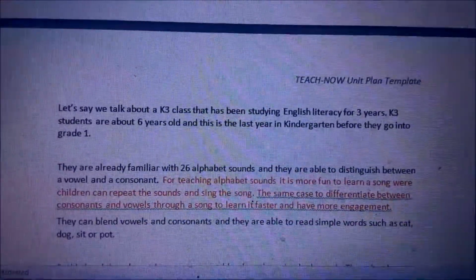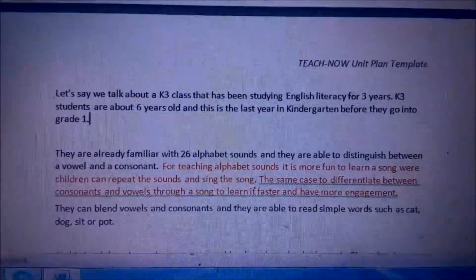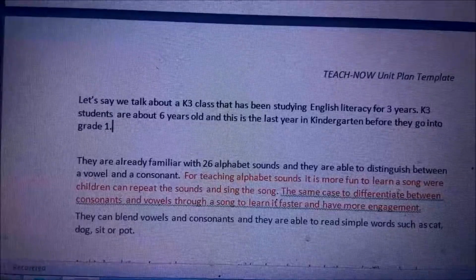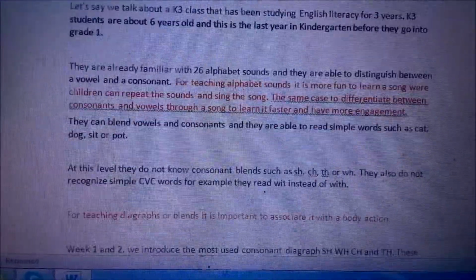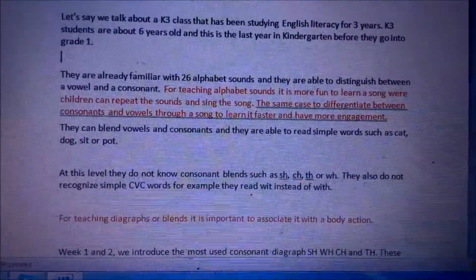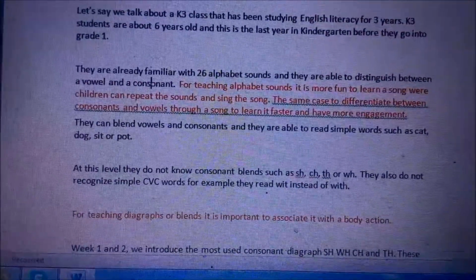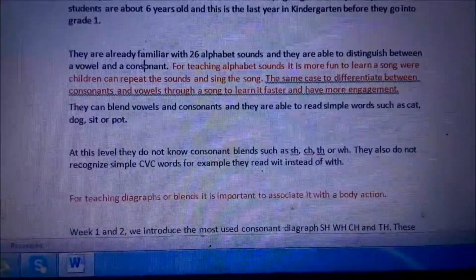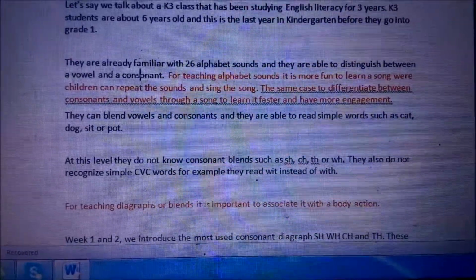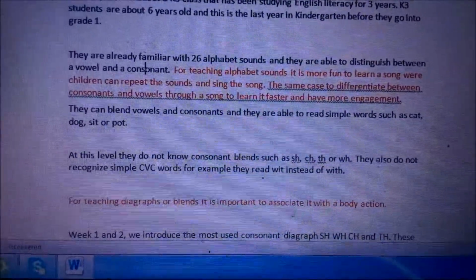Same for the vowels. I think they would learn it easier with a song than with me teaching. And for digraphs and blends, I would use body actions every time I teach.